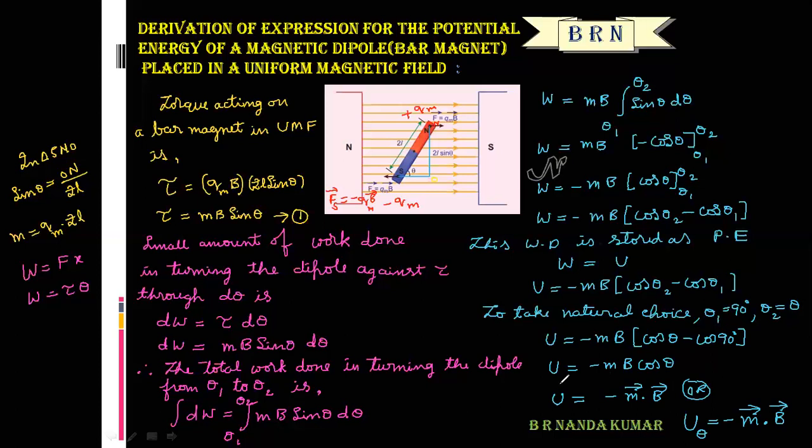So this is the expression for the potential energy of a magnetic dipole or bar magnet. After that, let us discuss some very important special cases.